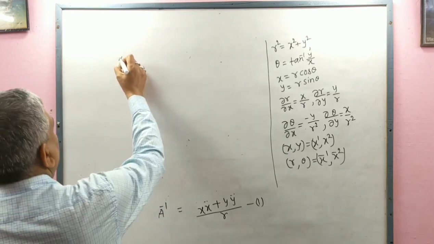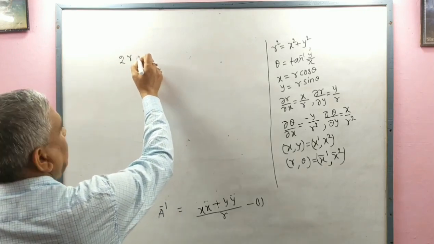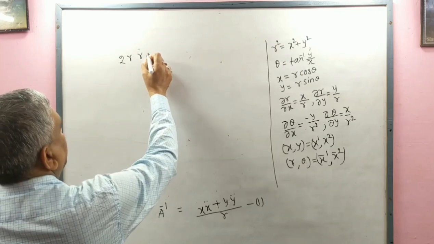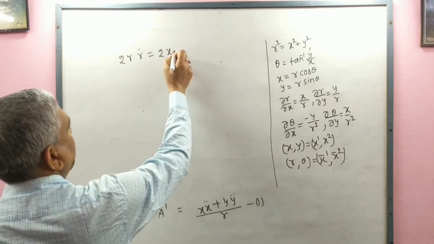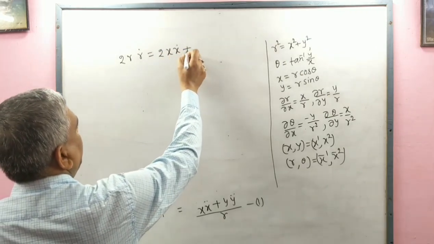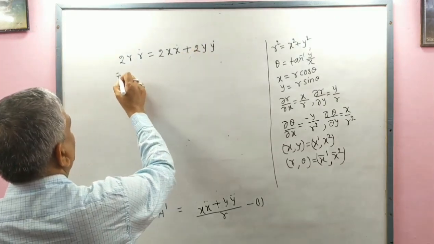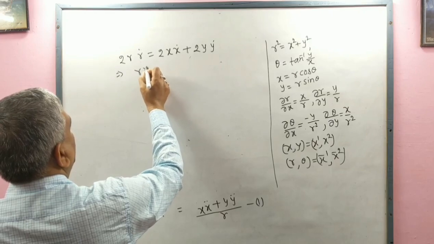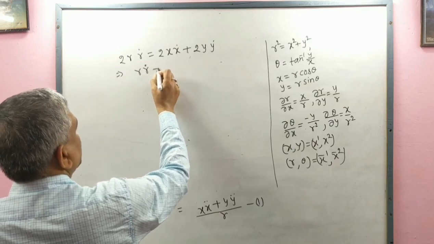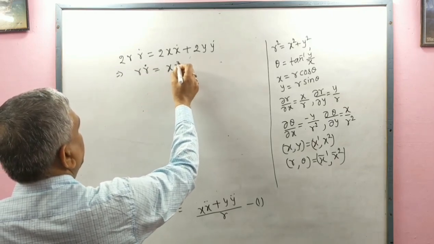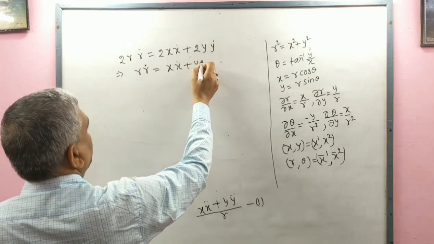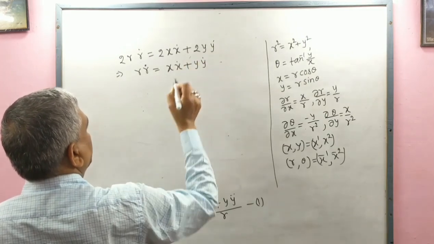So 2r r dot equal to 2x x dot plus 2y y dot, which implies r r dot equal to x x dot plus y y dot.